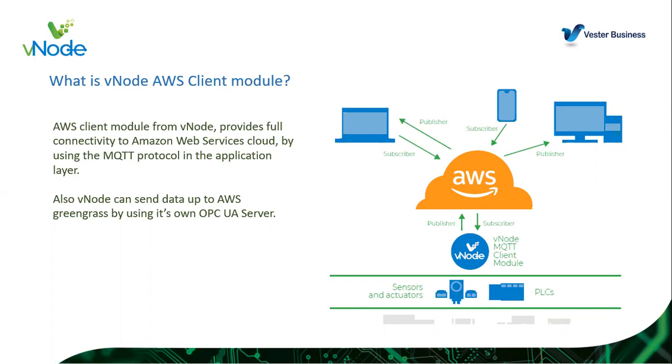So we take the data from the sensors and send it to AWS over MQTT. Also, Beano can provide information to AWS if you are using Amazon Greengrass. You know what it is? It is like the OPC UA client for Amazon Web Services. So we can also send data over OPC UA, because Beano has its own OPC UA server to send data.